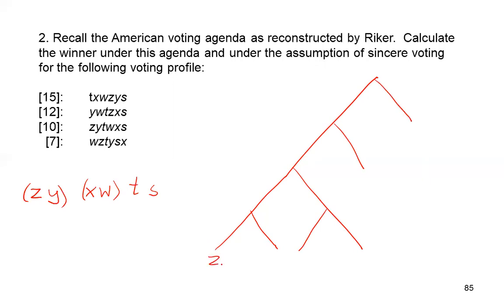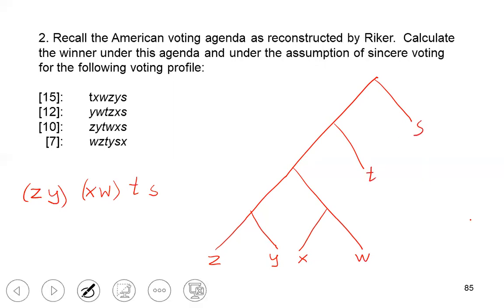And we have Z against W, Z against Y, X against W, now T and S. So first we have Z against Y. Who is the winner? We have ZY, YZ, ZY, ZY. So there are 32 votes for Z and only 12 for Y, which means that Z is the winner.